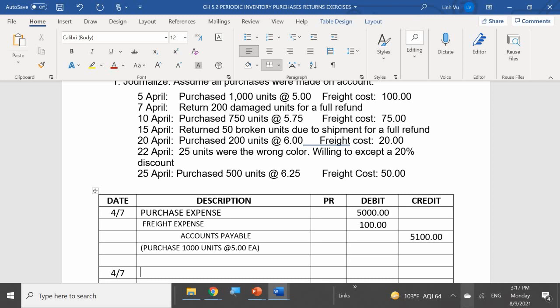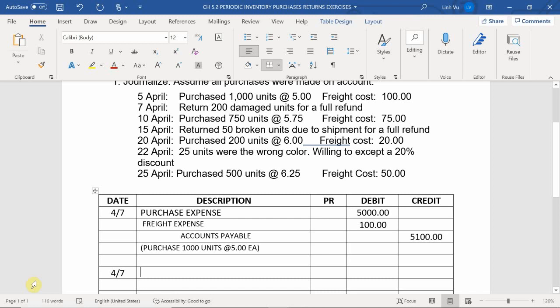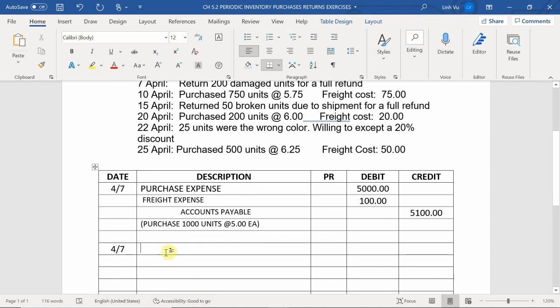So how do I calculate my return? You could do the 200 units at $5 apiece. Good. So how much is that? 1,000. Now, what accounts am I going to be using?